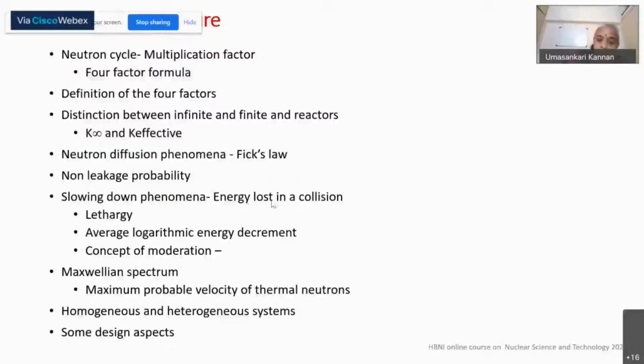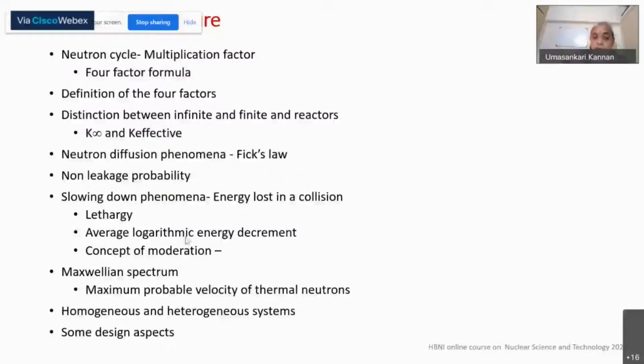And we also saw how the neutron, on scattering with a heavy nucleus, loses energy, what the energy lost in a single collision is, and how the slowing down happens and what happens during the slowing down. I also defined 2 concepts: one is the lethargy, and then the average logarithmic energy decrement.